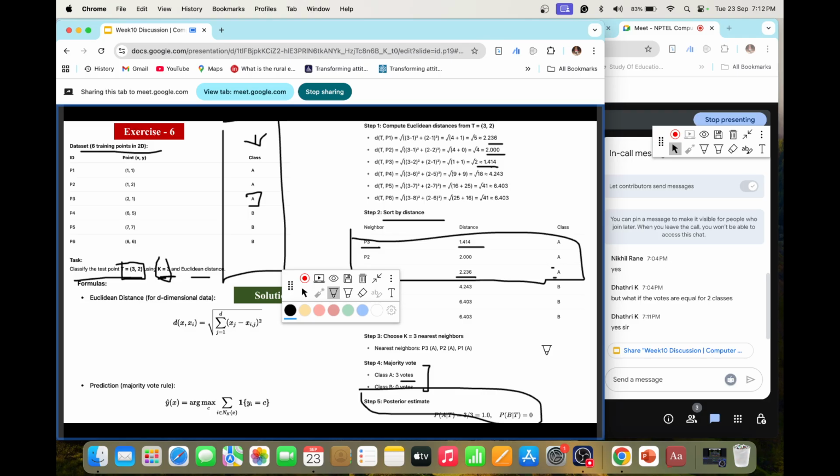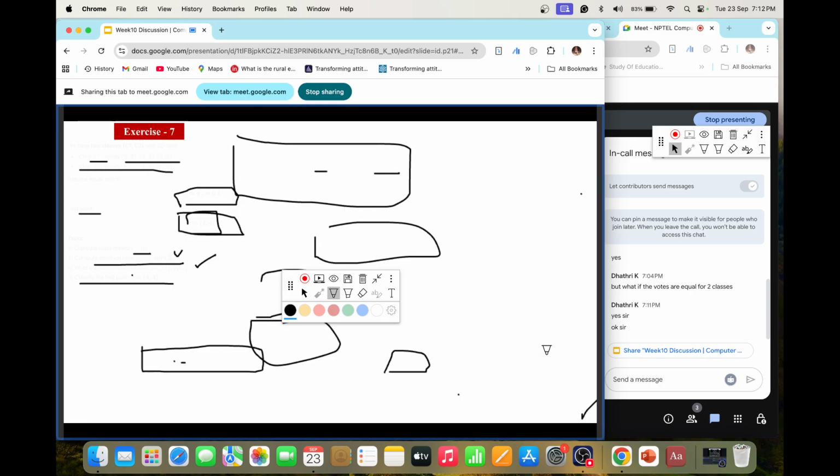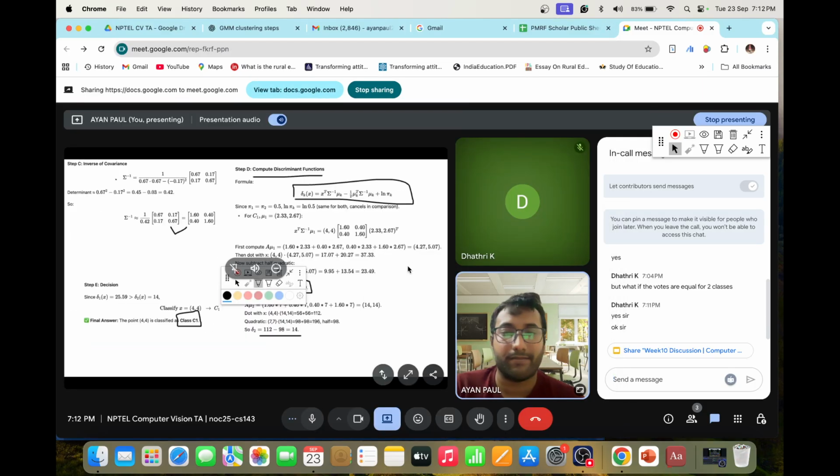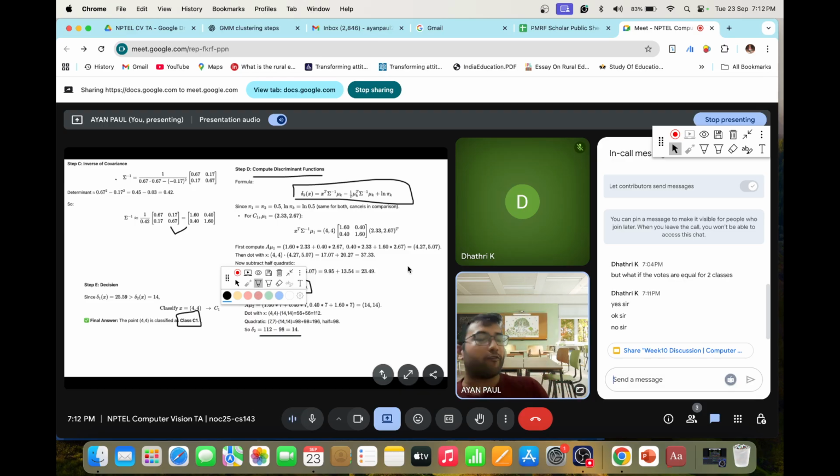Okay, so I hope it is clear now. Regarding this LDA, any question regarding LDA? We have to calculate del 1 and del 2. If del 1 is coming more, then we will say our target point will be belonging to class 1, otherwise our target point will be belonging to class 2. And to calculate del 1, del 2, two things we have to calculate. One is the mu, that is the mean of each cluster. Second is the common covariance matrix or the sigma.